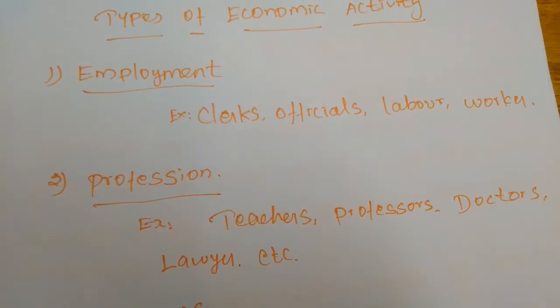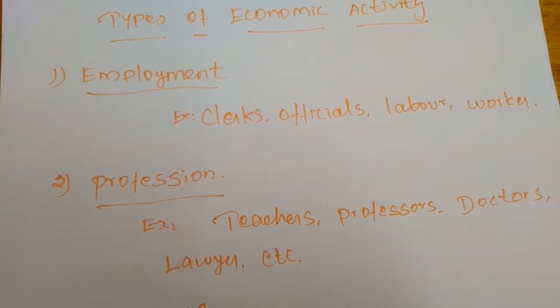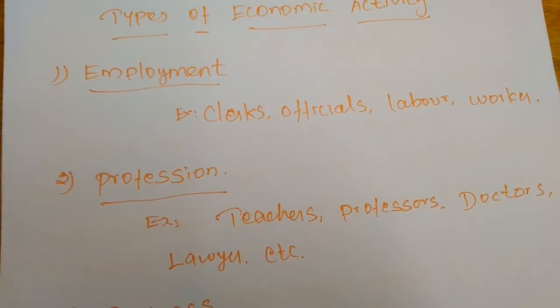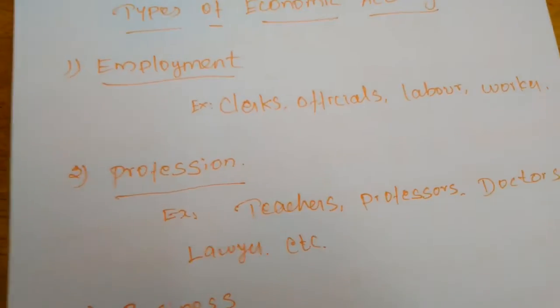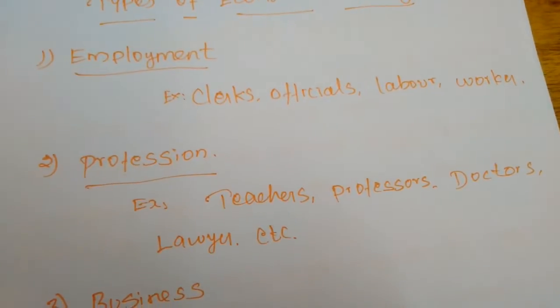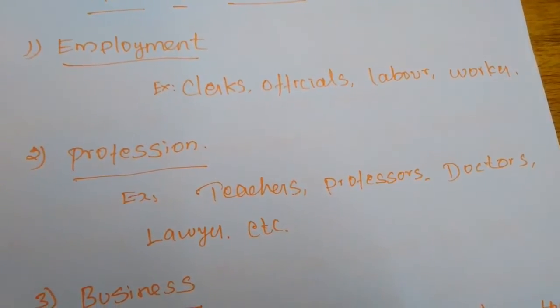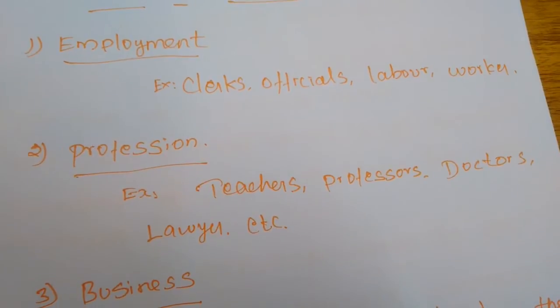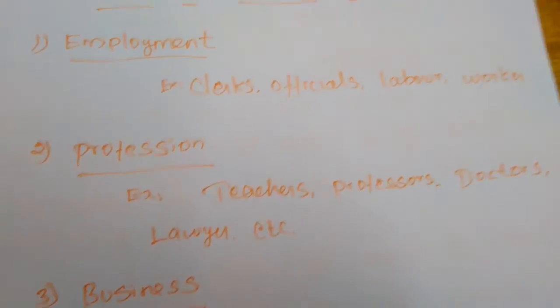When we go to work and get remuneration or salary on a daily, weekly or monthly basis, we consider them employed. So that activity is called employment. This type of occupation, in which people work for others and get remuneration in the form of wages or salaries, is called employment.